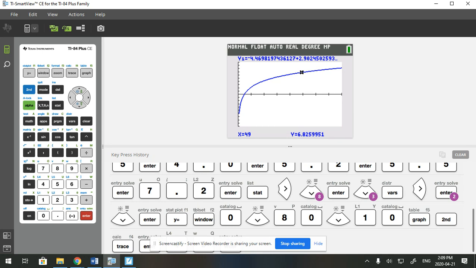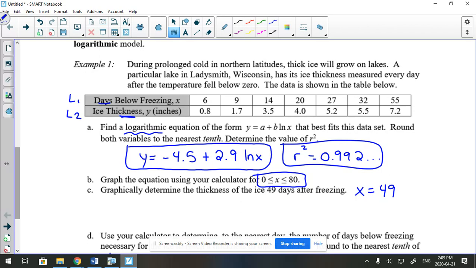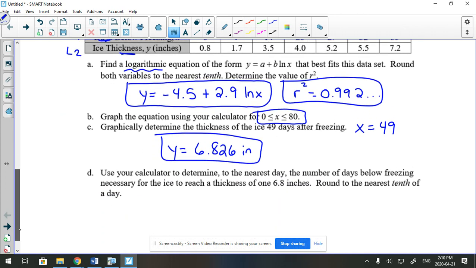Now it tells you what your thickness is here. Your y value will be your thickness, which gives me 6.826 when I round it. Don't forget your units. It's a silly thing that's easy to forget, but makes your answer more accurate if you include your units, so we know what you're talking about.